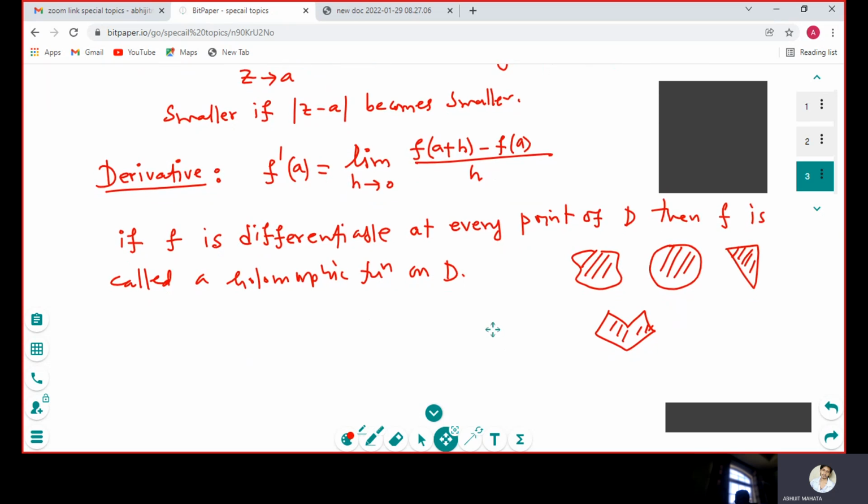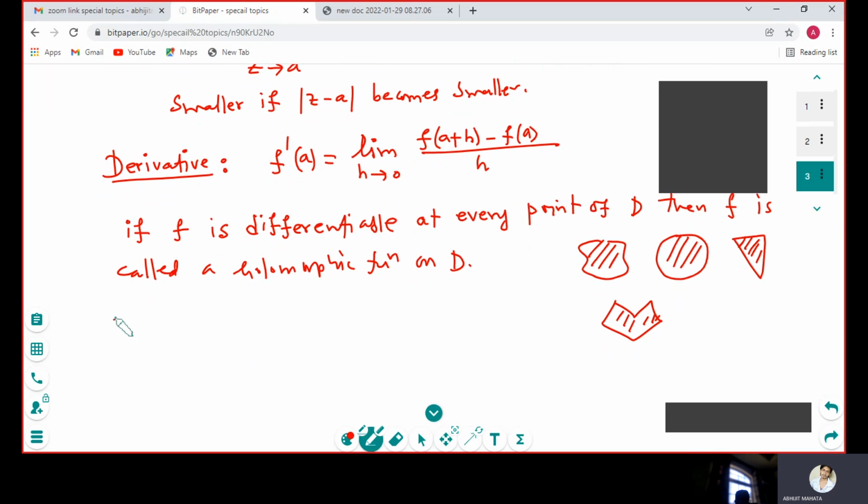So for differentiable functions, the first example you can take is the polynomial function, a_n z to the power n plus dot dot dot plus a1 z plus a0. This function is defined everywhere on the complex plane and it is differentiable.